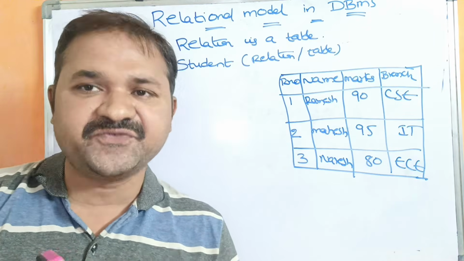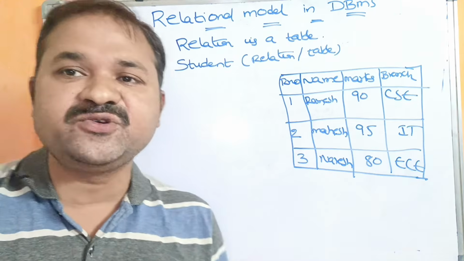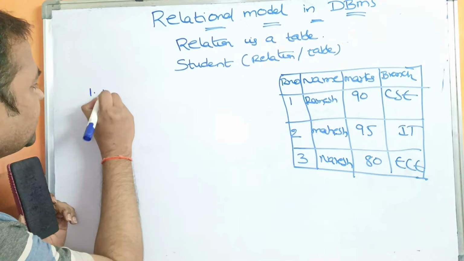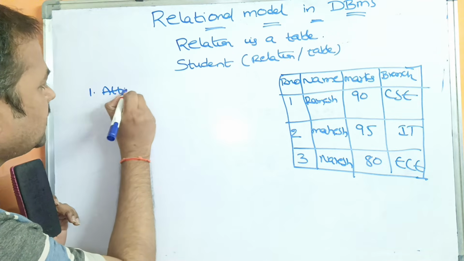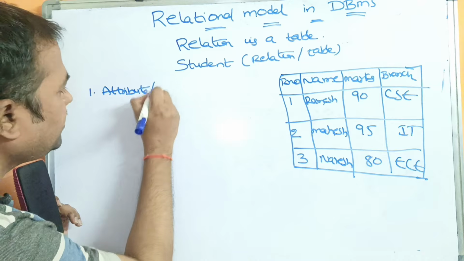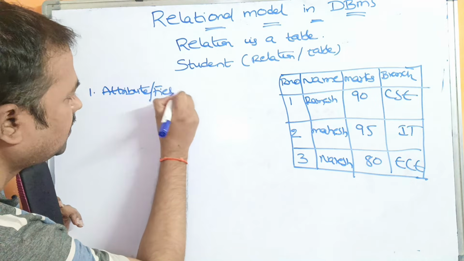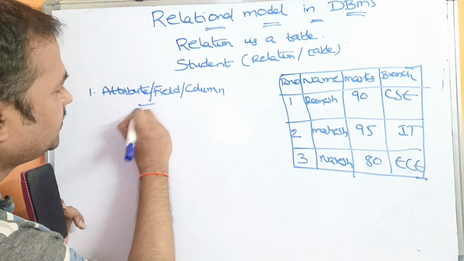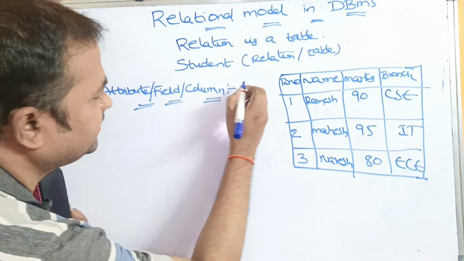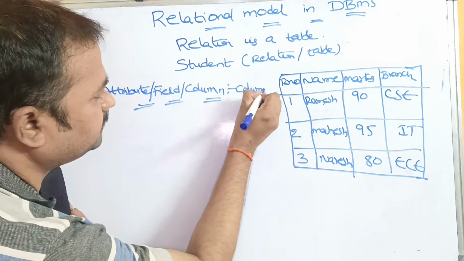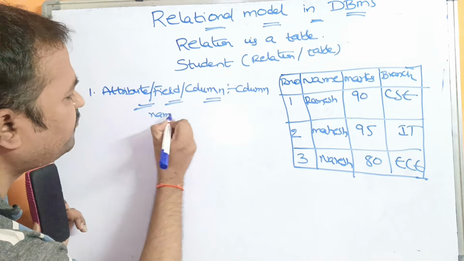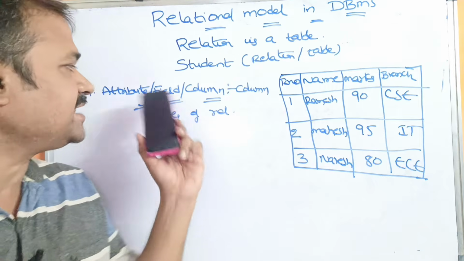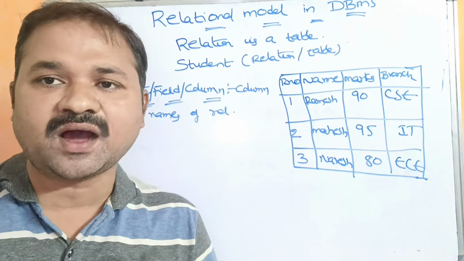Now let us see various terminologies that we use in the relational model. The first terminology is attribute, or we can call it field or column. So what is an attribute or field? The column names of a table, the column names of a relation, are called attribute or field or column.